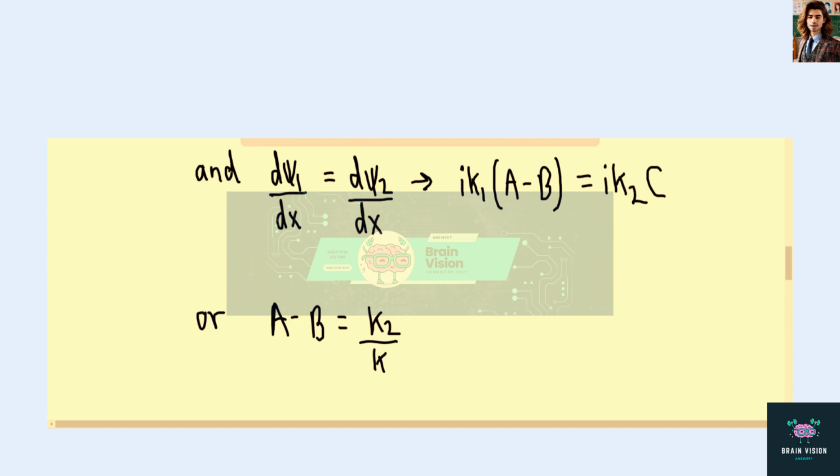The i's go away, and on the left side everything goes away as far as ik1 is concerned, and I'm left with k2 over k1 on the right side, multiplying c. So I have a minus b equals k2 over k1 times c, and I still have my other condition that a plus b equals c.